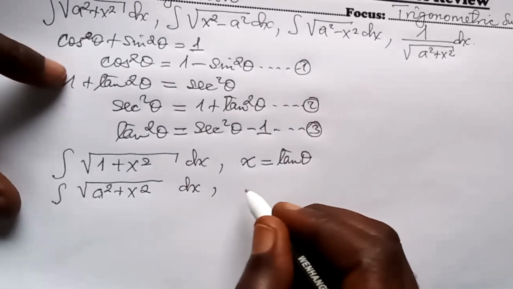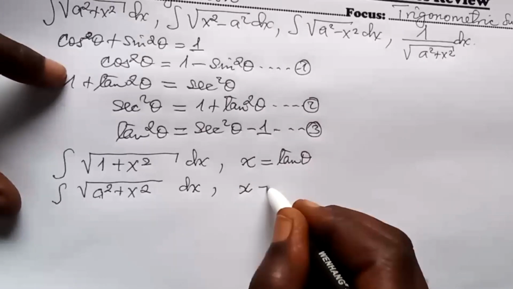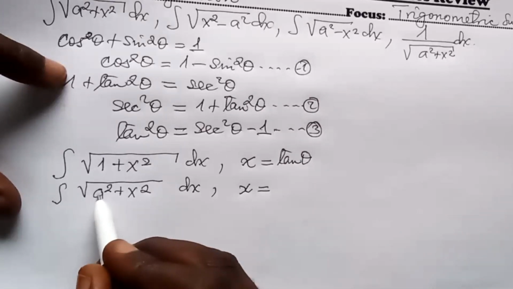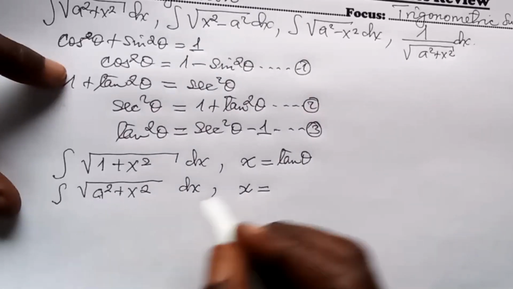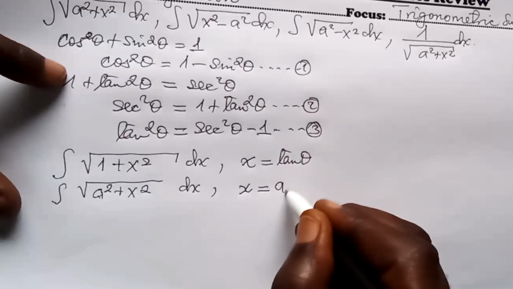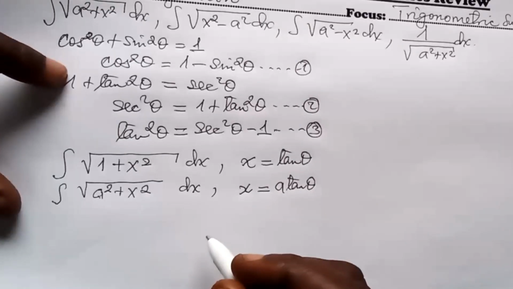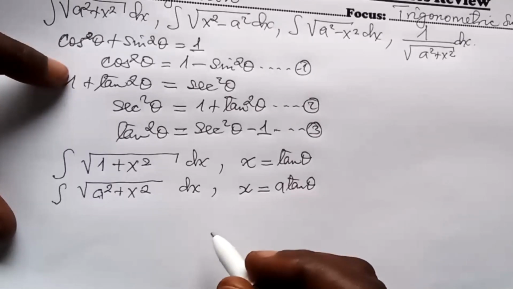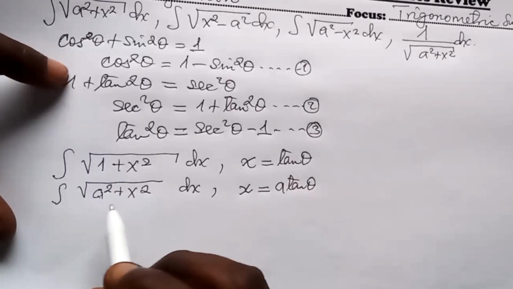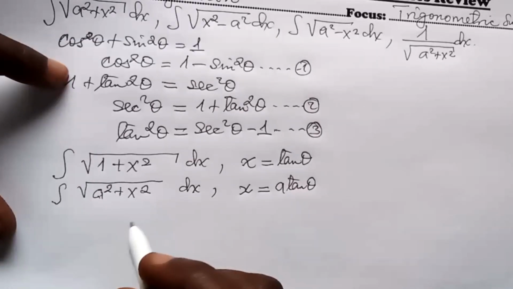And so in order to do a correct substitution, I will be saying x equals the square root of the constant term, that is not 1. So the square root of that would make the coefficient of tan theta. So the square root of a squared is a. So put a tan theta. That is the difference that you would have to make anytime you see a sum of two squares.